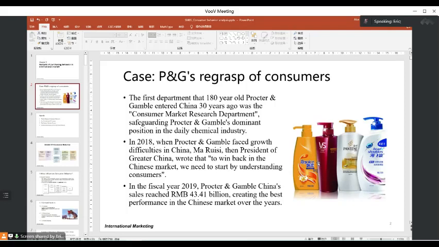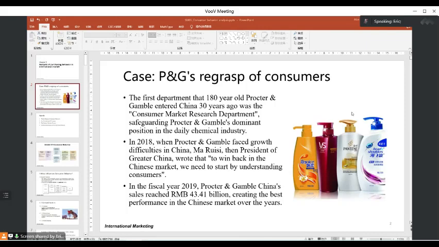We know that this success depends on fully understanding and analyzing consumer behavior, because this company is the first company which built a consumer research department, and it is the first company that has a hotline for customer service.